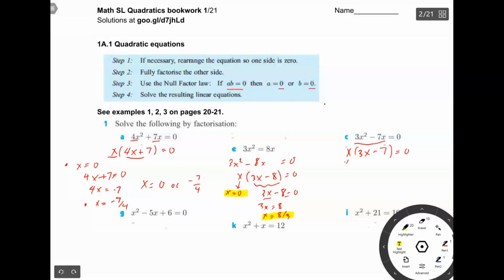And this term x gives us the solution x equals 0. 3x minus 7, that will be a little bit more complicated. We'll set that equal to 0. And then we will isolate the x by adding 7 to both sides. And then we'll divide both sides by 3. So we get x equals 7/3. So that's one of the solutions, and this is the other solution.